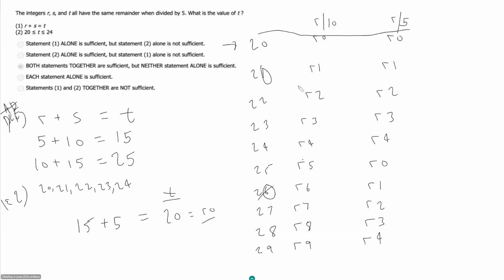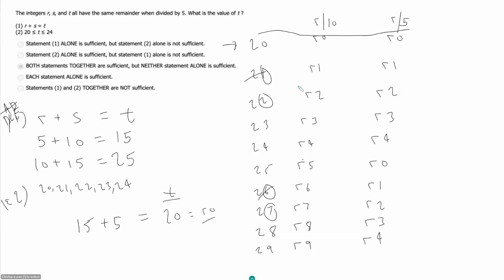So none of these numbers are going to have the same remainder, even if I could get one within the range. Now if we're talking about remainder 2, I have to be adding either numbers ending in 2 or 7 to each other, and 2 plus 2 is 4, so that won't work, and 2 plus 7 is 9, so that won't work, and 7 plus 7 is also 4, so that won't work.